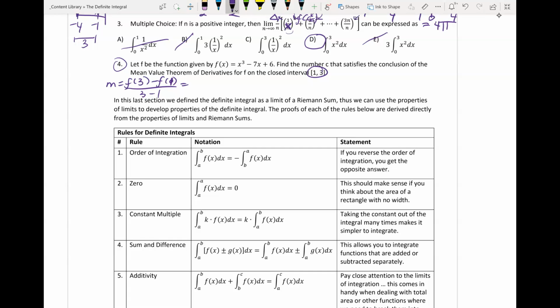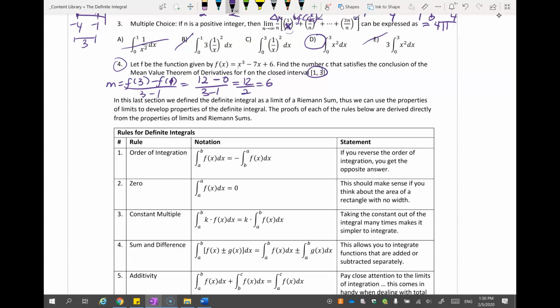We can just put this into our calculator to simplify some things. So we just need to plug in 3 into our f of x, so that'd be 3 cubed minus 7 times 3 plus 6, and that's going to be 12. If you put in x equals 1 into f of x, you're going to get back 0. So this is 12 divided by 2, which is 6.